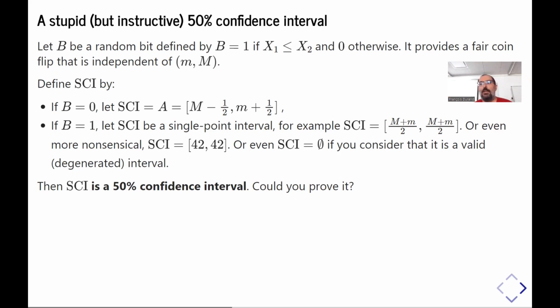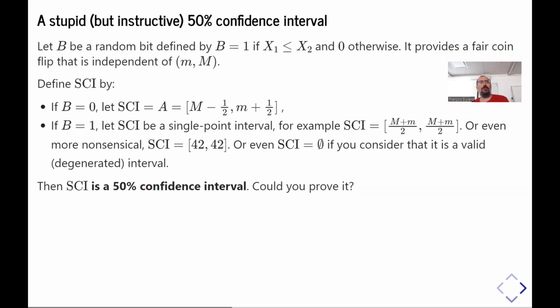If you prefer, you can take just the value of the mean, or you can take 4242. Or if you consider that the empty set is a valid interval, because it's, for example, [1, -1], then you can take the empty set.